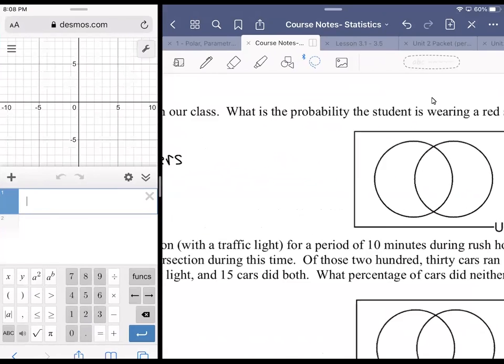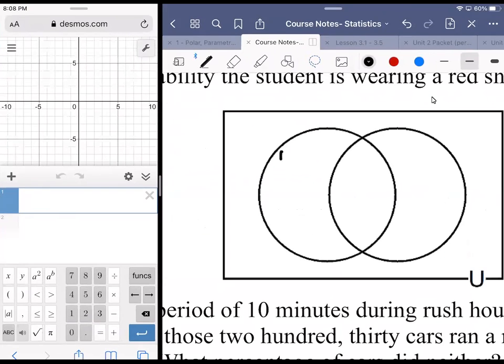All right. So we have our red shirts. White sneakers. And then both.